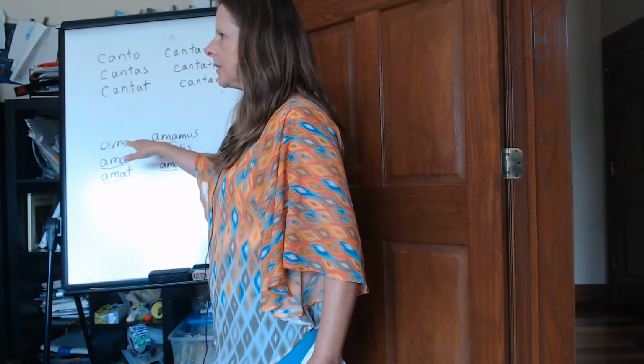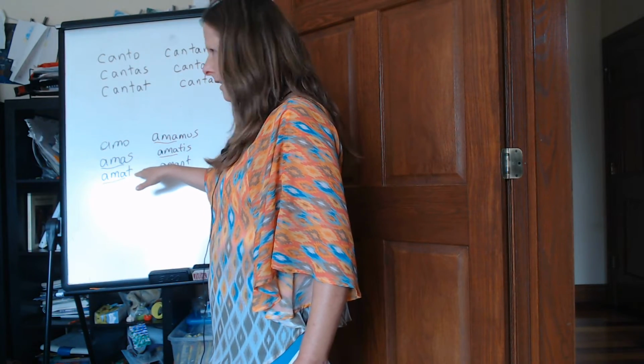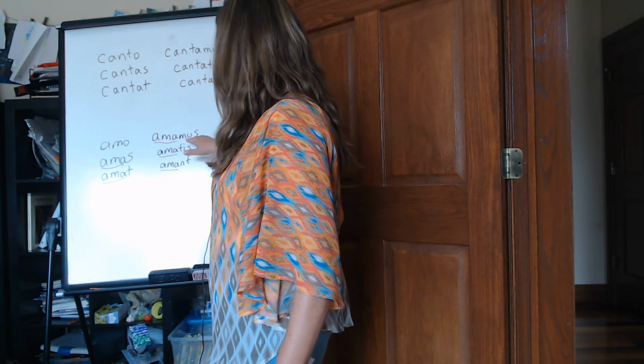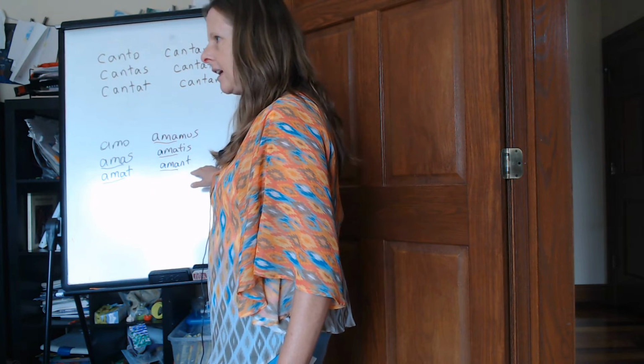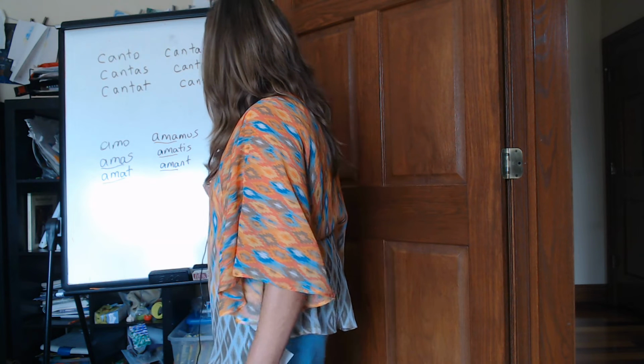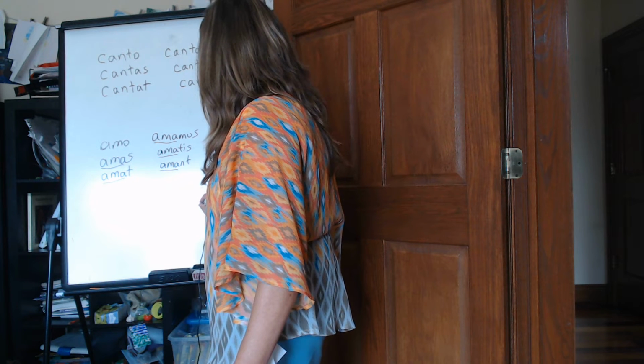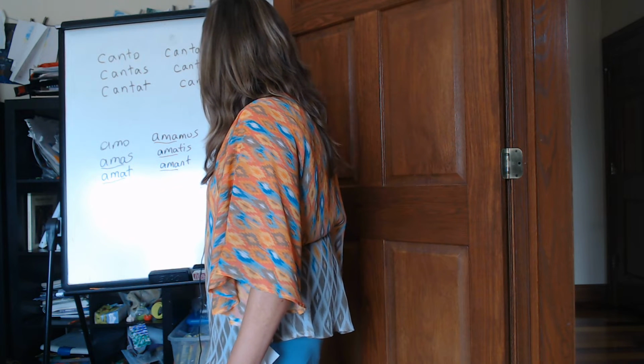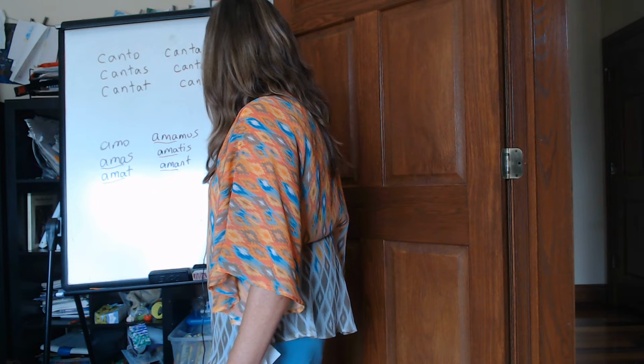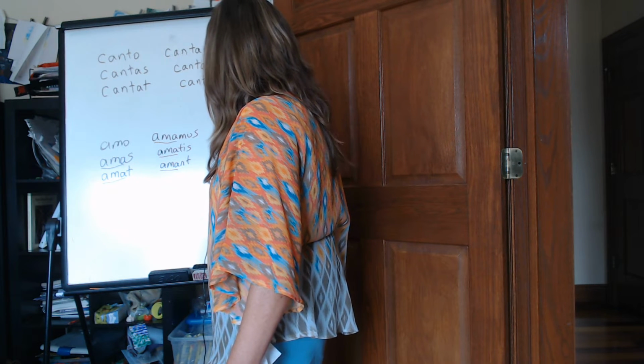Okay? And remember what this means. I love, you love, he, she, or it loves, we love, you all love, they love. That's what those endings tell us. O, S, T, mus, tis, nt.